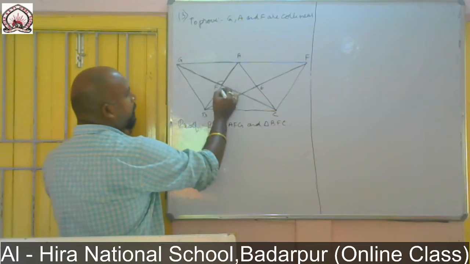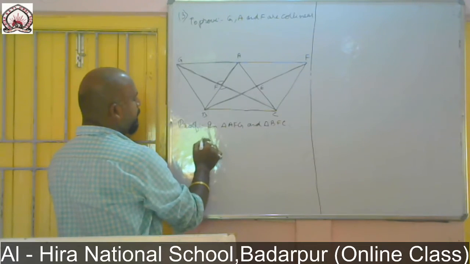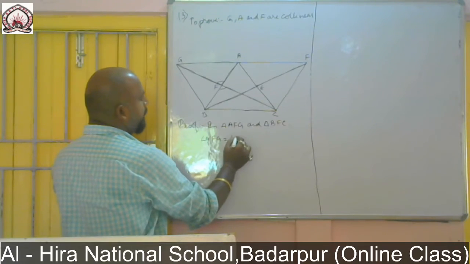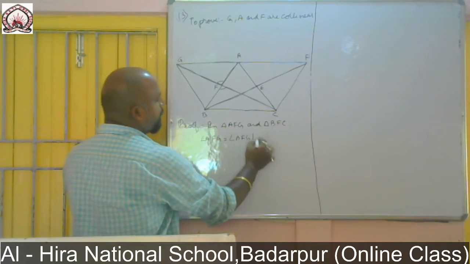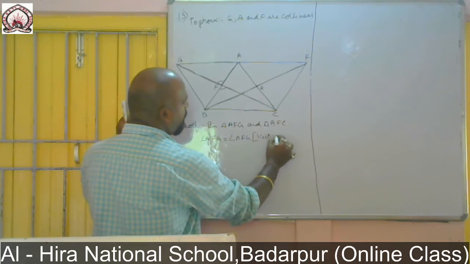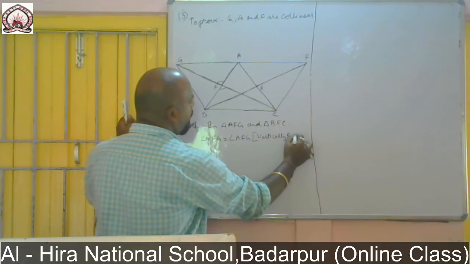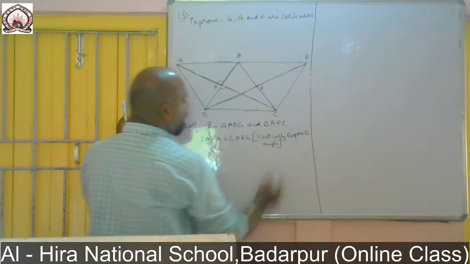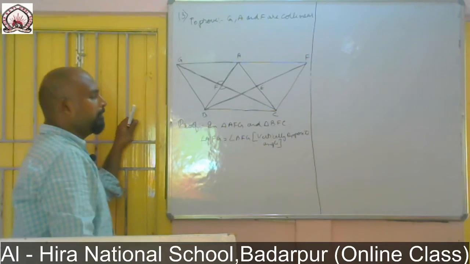Now this angle is equal to this angle because they are vertically opposite angles. Angle AFG is equal to angle BFC because of vertically opposite angles.